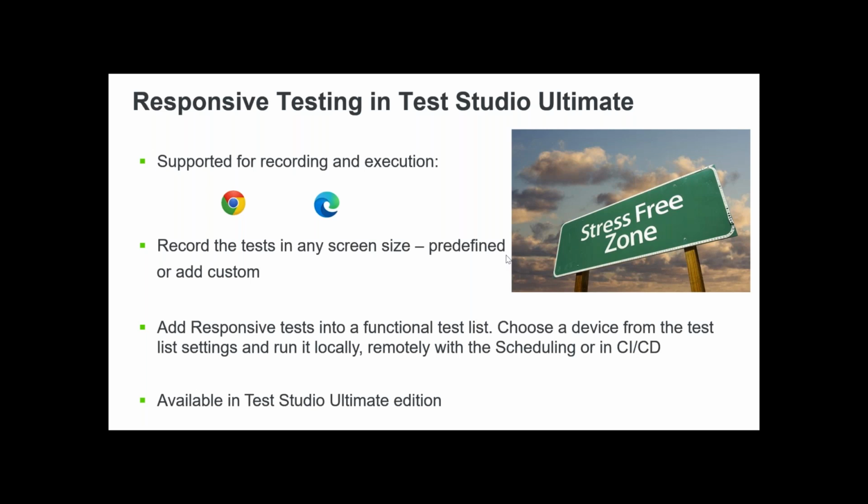You just need to select the device from the test list settings, and then you can run the list either locally, remotely, schedule it, or use it in conjunction with your CI/CD solution like Azure DevOps or Jenkins, TeamCity, Bamboo, etc. We support all of them, as you are aware.